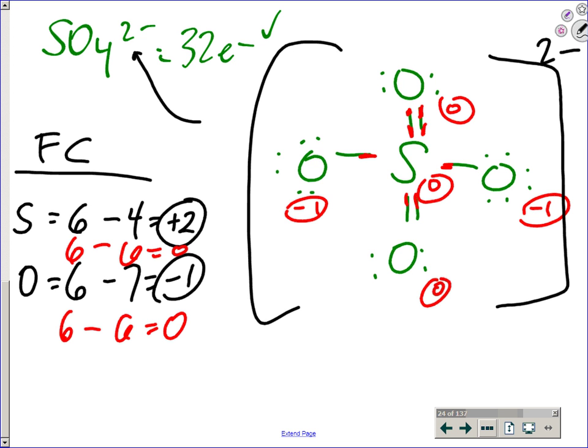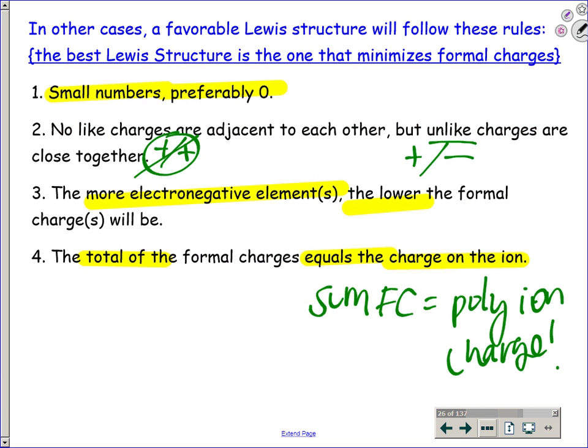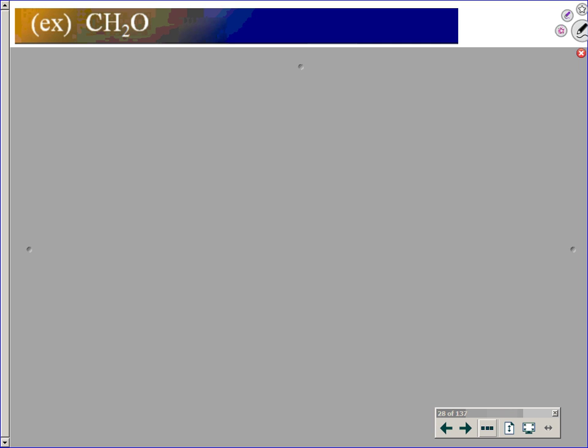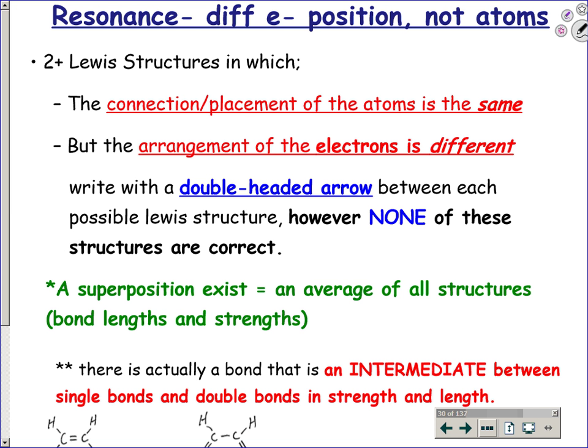All right, let's try another one. Actually, do me a favor. One second. Can this top row go grab their laptop? And then you guys will go next. What's up? Can we draw like resonance structures? We'll talk about that in just one second. We're gonna practice with formal charge and some more here. Next half, people, go grab your laptops. While you're waiting, write down what's on the board.